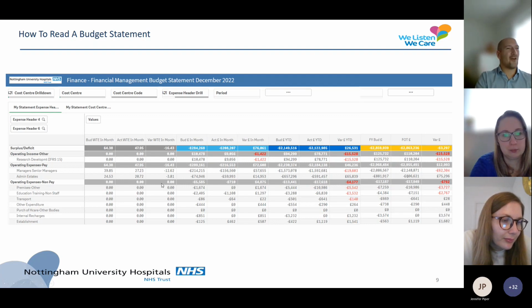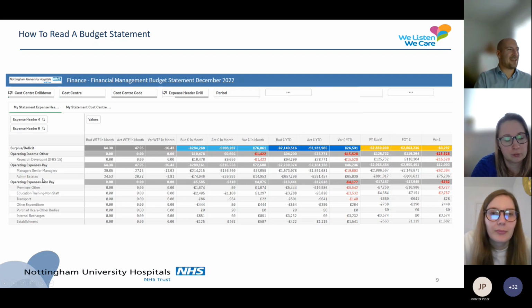Essentially, this is how we set them up, and most budget statements that I've seen are fairly similar. You tend to start with your income, have your pay and non-pay down in your rows, and then across the columns we look at the budgeted whole time equivalent, so how many staff you should have, prorated based on one whole time equivalent being 37.5 hours, or 40 hours for medics.